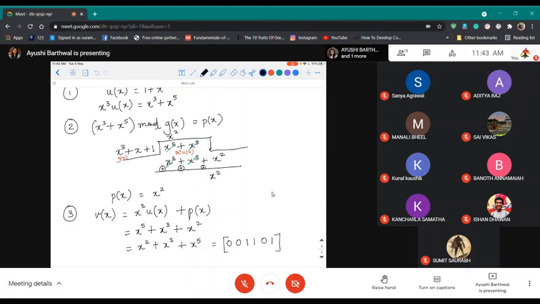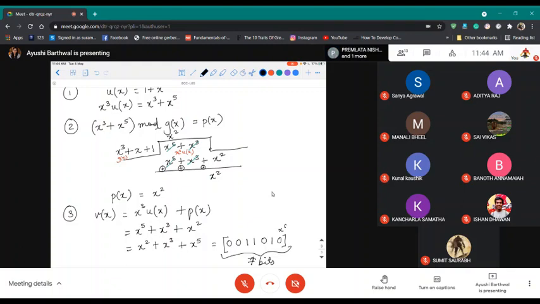And what should be the maximum order? The order of Vx should be n minus 1. That means there will be one more term. We should have n bits, that means 7 bits, and the maximum coefficient should be x raised to the power 6, whose coefficient is equal to 0.